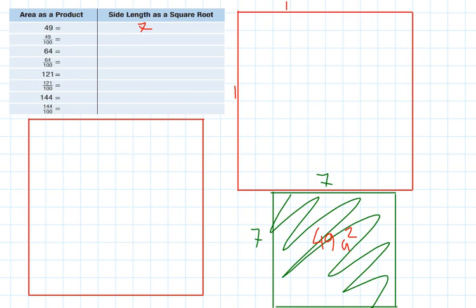But what if we have something a little bit different than what we have been seeing before, which is 49 over 100? Another way of writing it is 0.49. Okay, so that is less than 1.